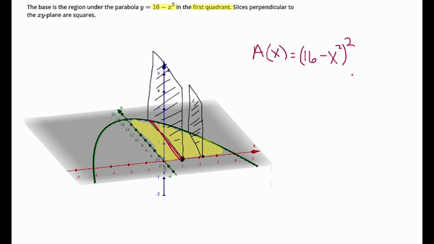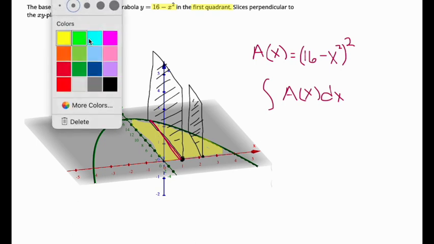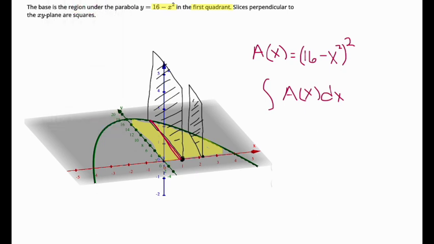So when we find the volume by slicing, we need to integrate the area of the slice over the interval of interest. So the interval that we're interested in is the interval that defines the area under the curve in the first quadrant. So that's going to be from here to here. So that's 0 to 4.